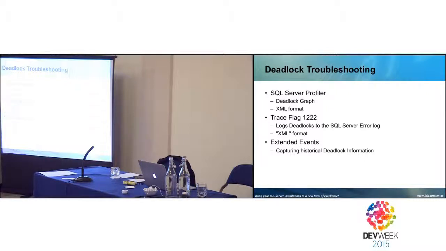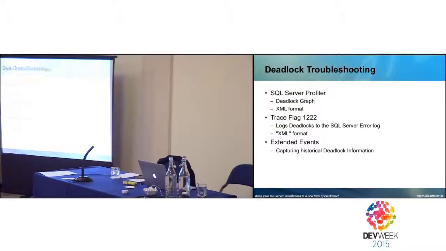So with that XML document, we are able to find out why we had a deadlock in our system. There's also a trace flag, 1222, which writes that XML format into our error log.